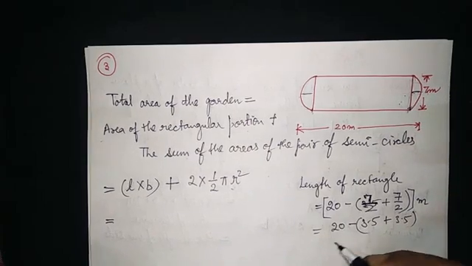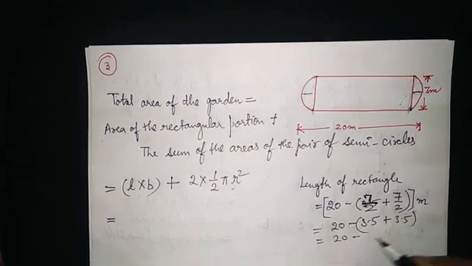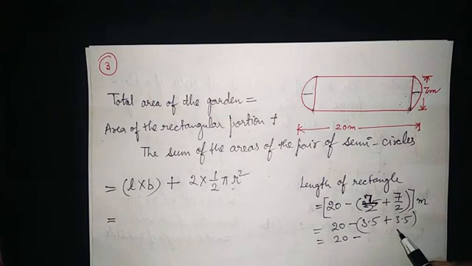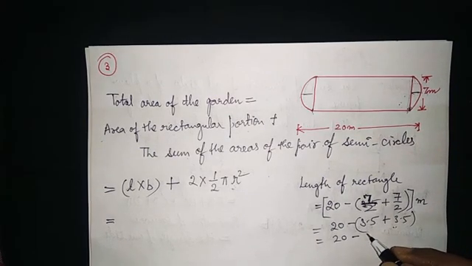Now 20 minus (3.5 plus 3.5), what will we get here? We will get 7.